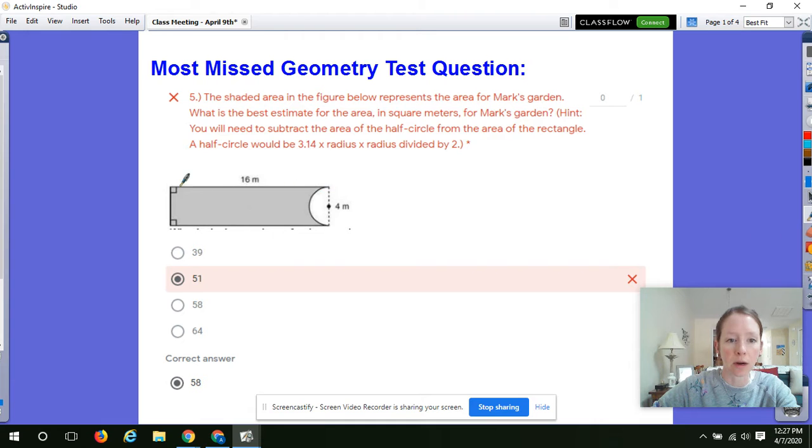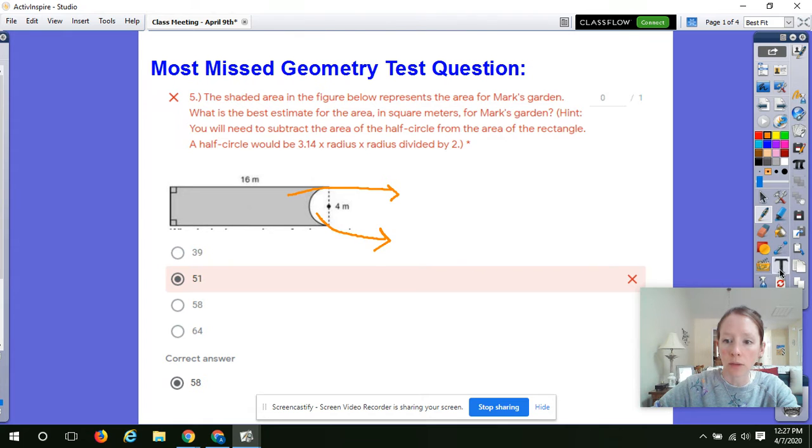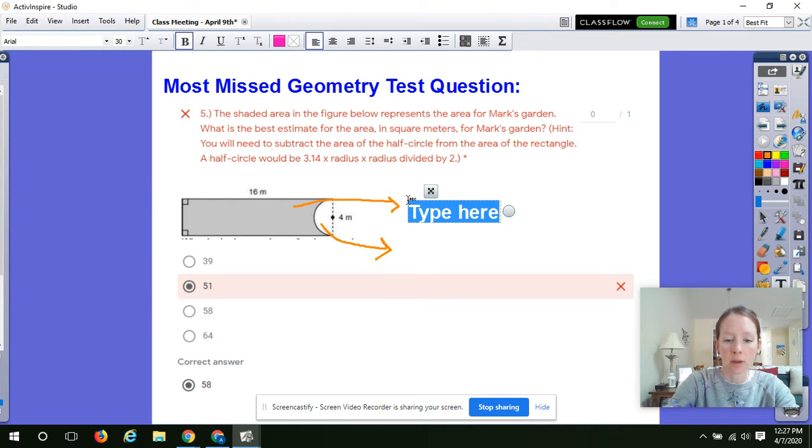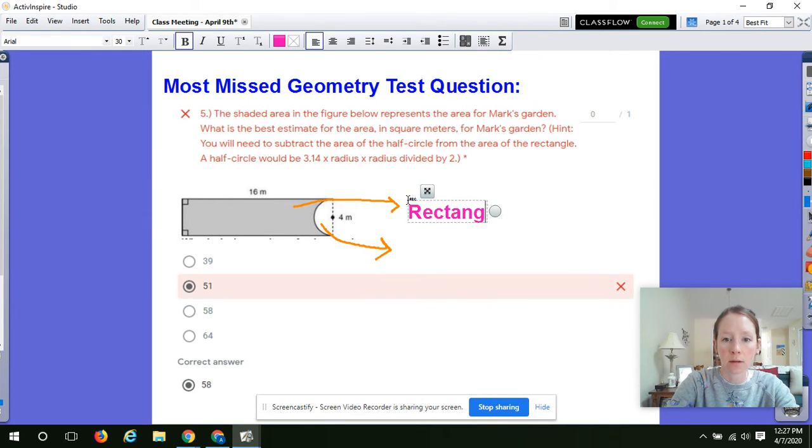So we want the area of the shaded region, which we can see we have a rectangle here and a little half circle that we need to take away from that. So our rectangle area would be 16 times 4, which is equal to 64.